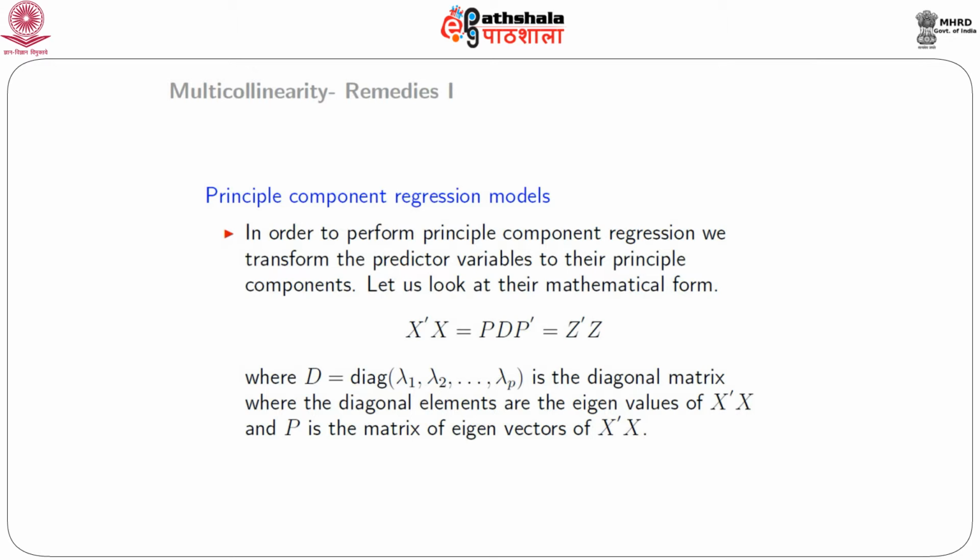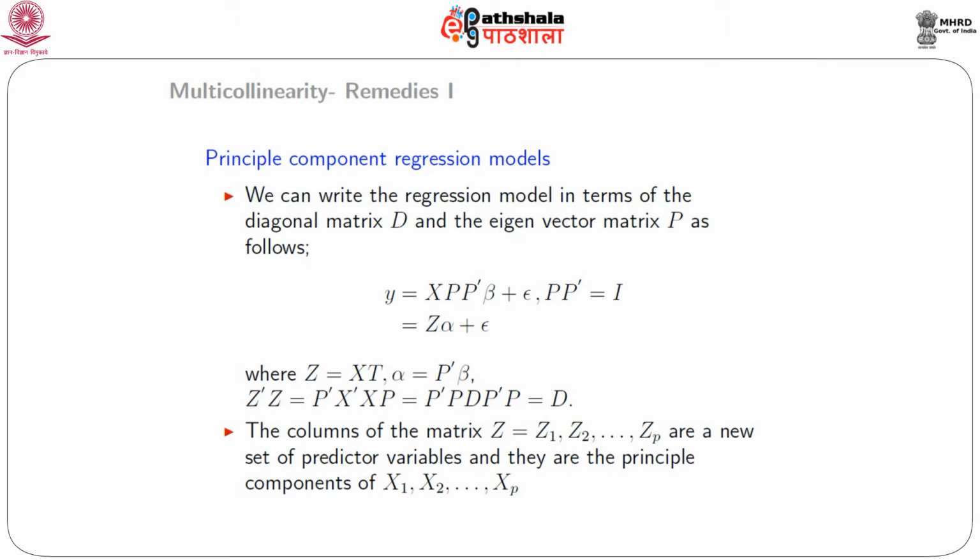So let us look at the mathematical form. The matrix x prime x can be written as a decomposition using three matrices, P D P prime, where P is the matrix of eigenvectors of x prime x and D is a diagonal matrix whose diagonal elements are lambda 1, lambda 2, up to lambda p, which are the eigenvalues of x prime x.